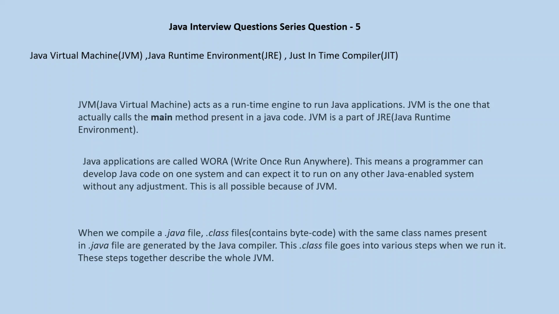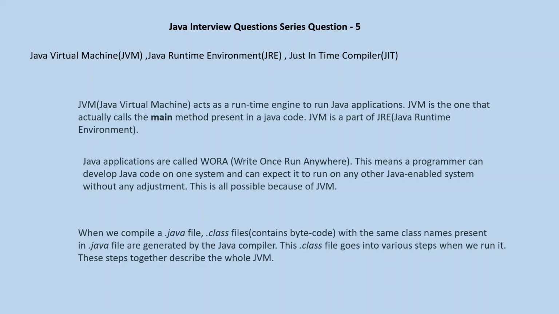The name remains the same, only the extension differs from .java to .class. This .class file contains the bytecode, and this bytecode will be executed only if I have a JVM or JRE. That we'll see now.